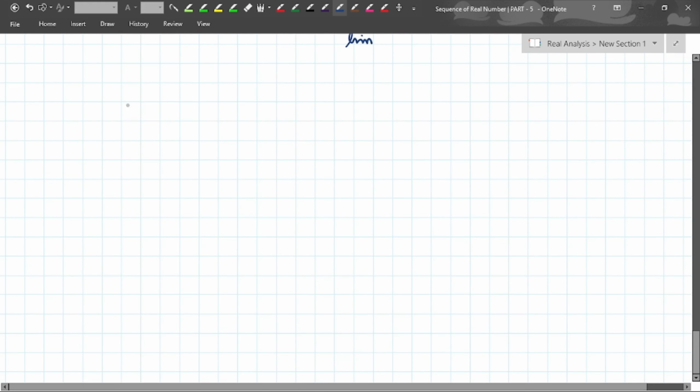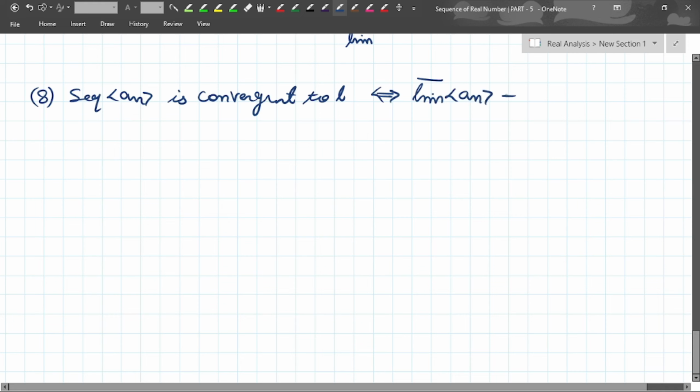Next, the eighth result: the sequence a_n converges to L if and only if the limit superior of a_n is equal to the limit inferior of a_n, which is L. This is one of the important results. It means that if the sequence a_n converges, then a_n is bounded with a unique limit point.